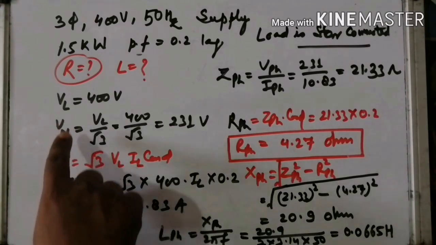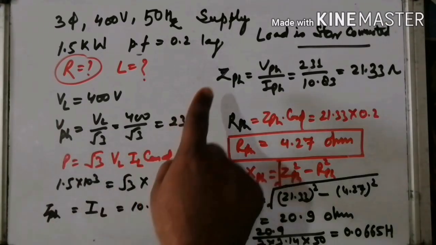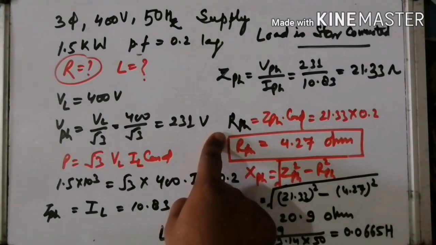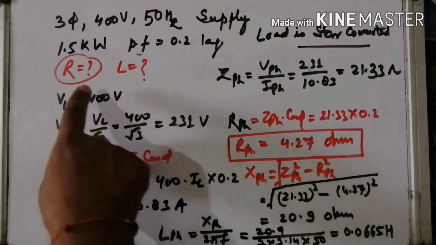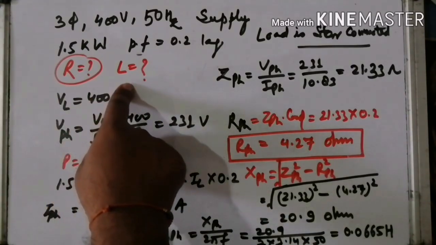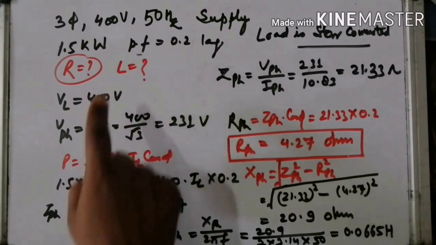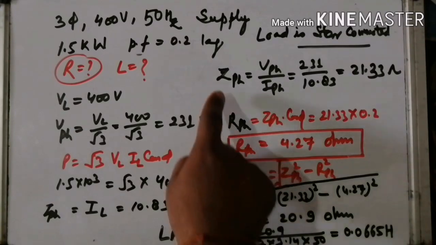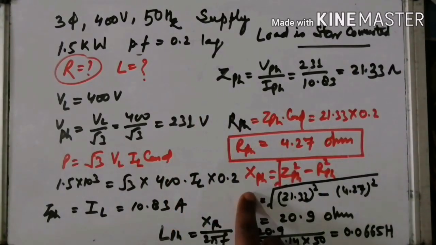After that, from VPH and IPH, we can calculate ZPH, and the resistive component of the ZPH is nothing but R. According to the question, calculate resistance and inductance of each coil. With the help of RPH and ZPH, we can calculate XPH, and with the formula L equal to XPH divided by 2 pi F, we can calculate L, that is 0.0665 Henry.